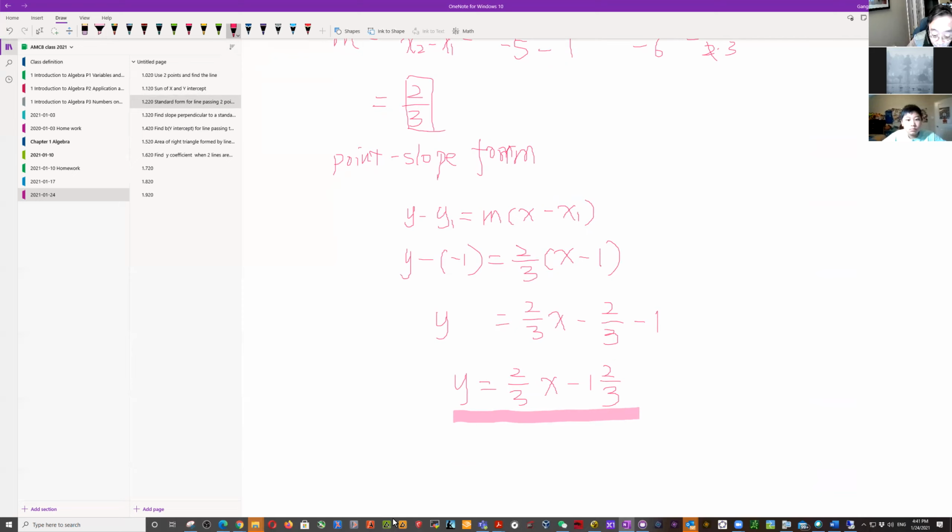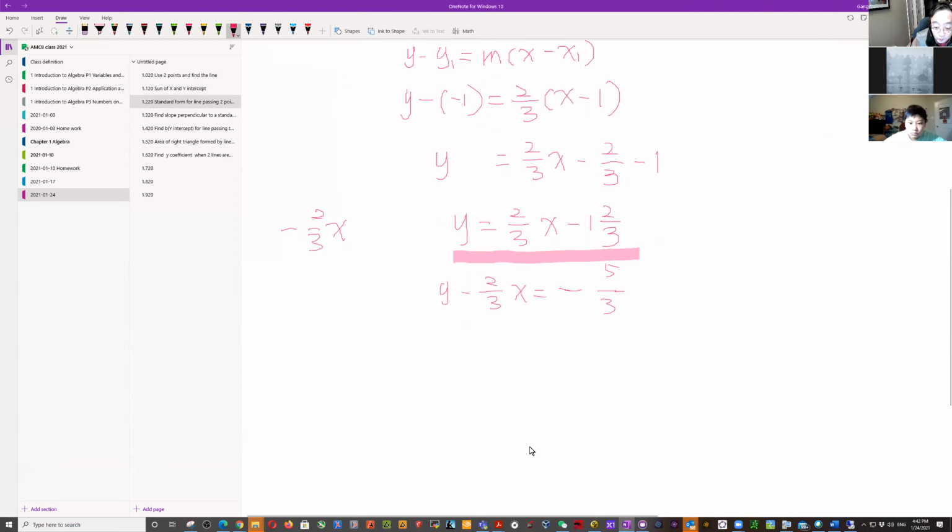So basically, I'm going to subtract 2/3 x on both sides to simplify it. Moving this to this side, y minus 2/3 x is going to equal negative 5/3, because I'm going to multiply by 3 on both sides in the end.